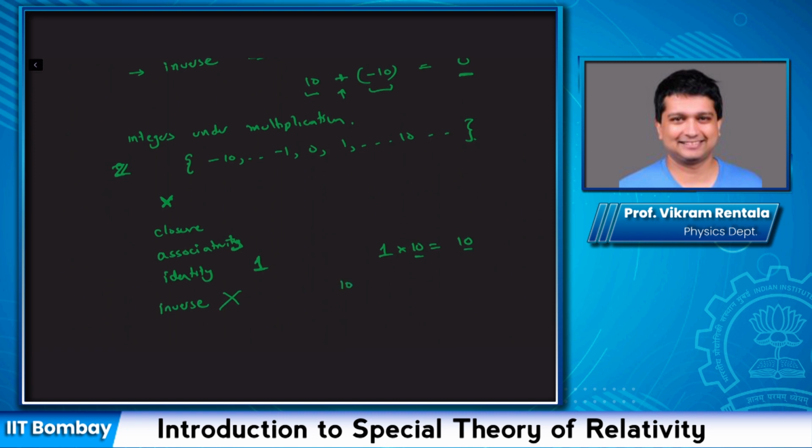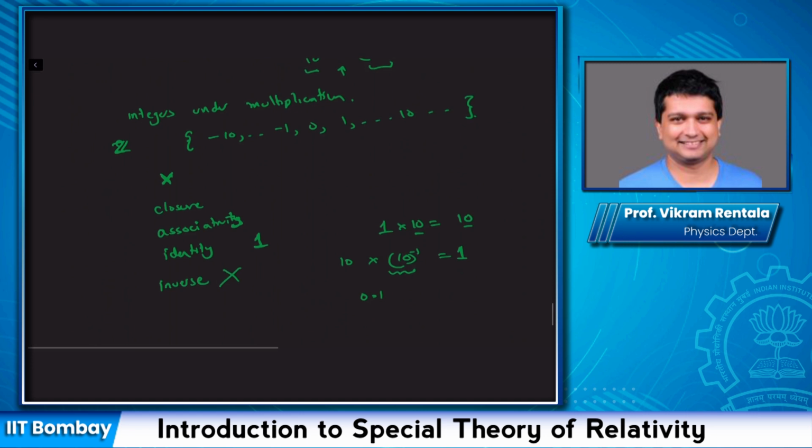The inverse of 10 should be something that I multiply with 10 so that I get back the identity element 1, and this inverse of 10 is 0.1, or 1/10, and that does not belong to the set of integers.